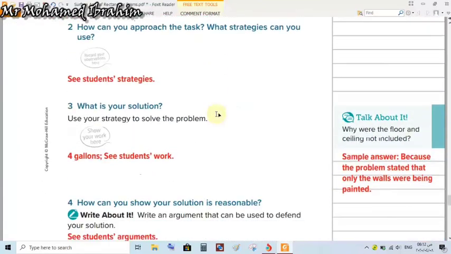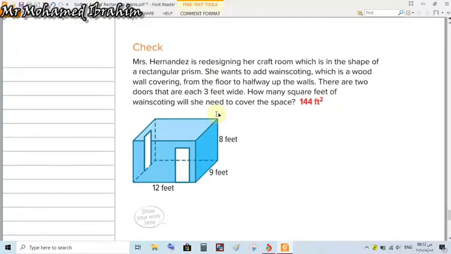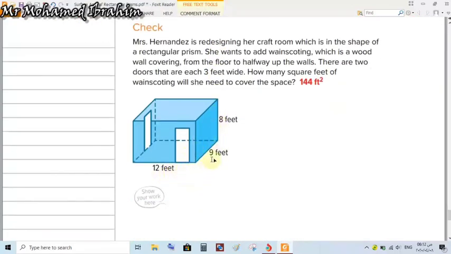Here it is, the last math example. We have here 12, 9, 8. Mrs. Hernandez is redesigning her craft room, which is in the shape of a rectangular prism.